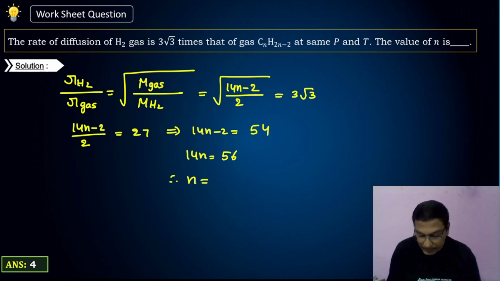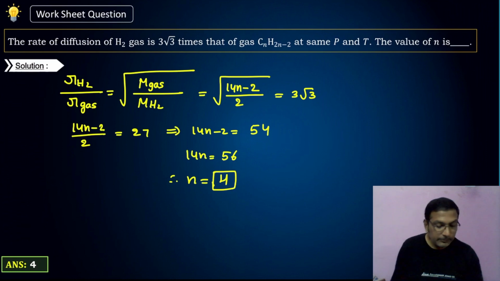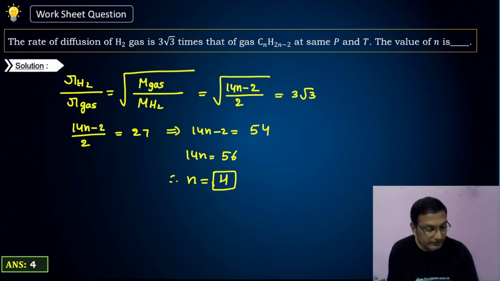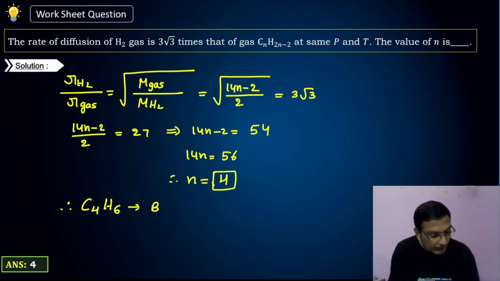Therefore n equal to 4. n value 4. So therefore C4H2n minus 2, C4H6. Butane gas is given.